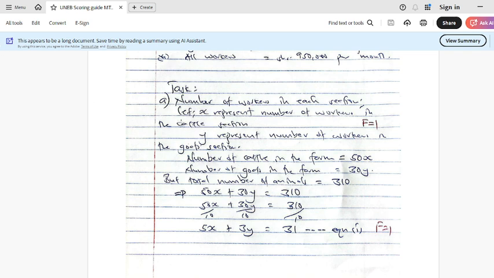If you're introducing any unknown, please clearly describe it. Describing these variables, I'm even awarding a mark here. That's why I awarded F equals 1. Let Y represent the number of workers in the goat section. I told you, if you get the number of cattle multiplied by the number of workers, and the number of goats each worker takes care of multiplied by the number of workers, the total of this shall give us the total.